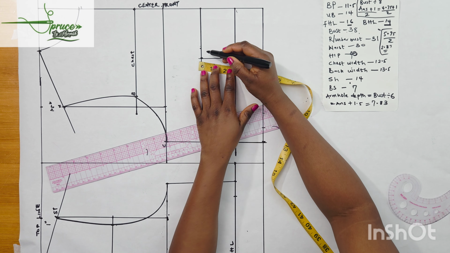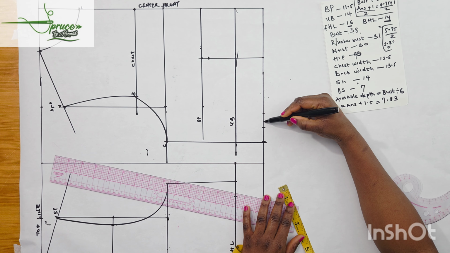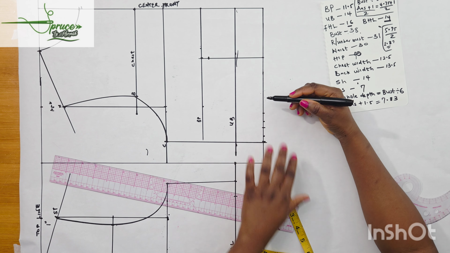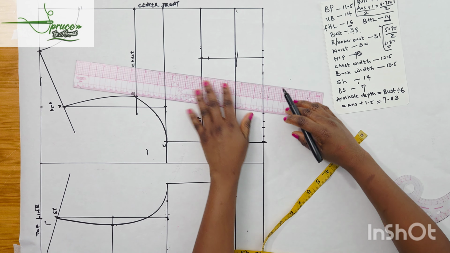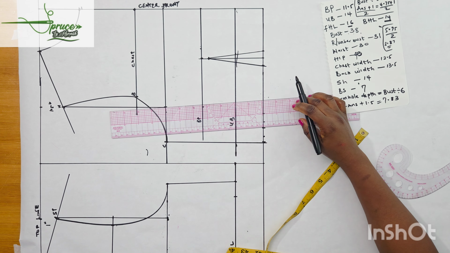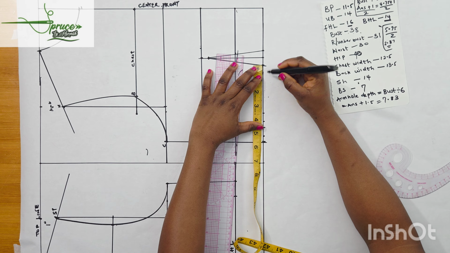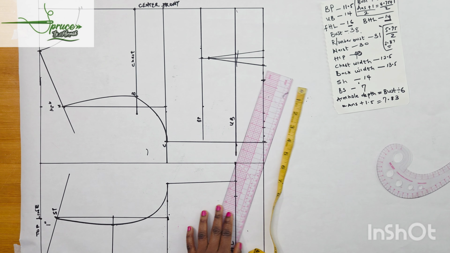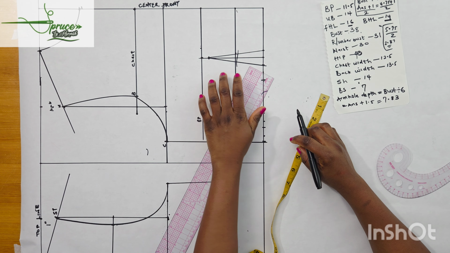Come down by half an inch from the bust point so that the dart apex is not going to be pointy. Now remember I said we are going to use 1 inch for the dart. Now the 1 inch for the dart, we are going to take our darts half on each side. Then the remaining 1 inch is going to be for contouring purposes. So from the second dart leg, go out by 1 inch, okay? Just mark it. I'm going to tell you what we will do with that.